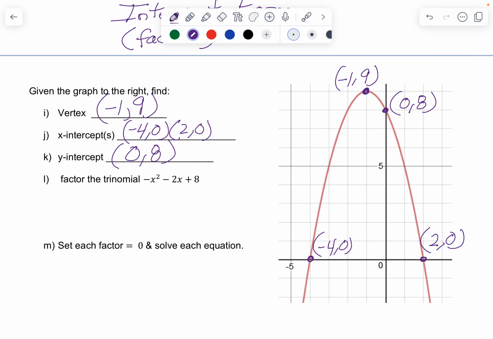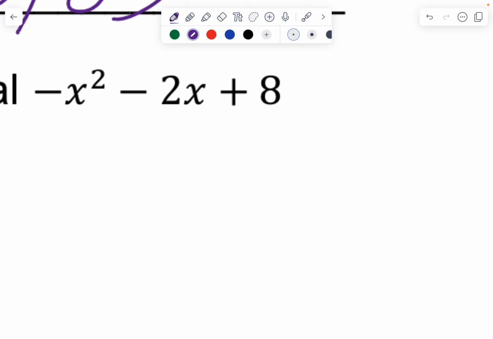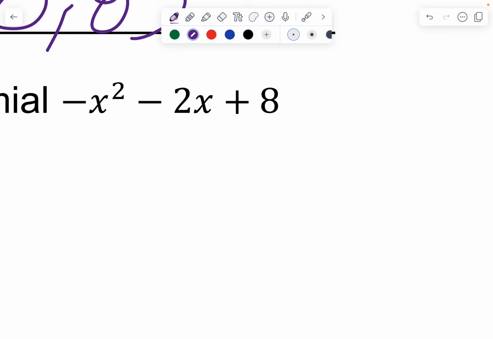Then we have to factor the trinomial and then set them equal to 0 to solve. Anytime there's going to be a negative out in front, we always want to factor a -1 out first.